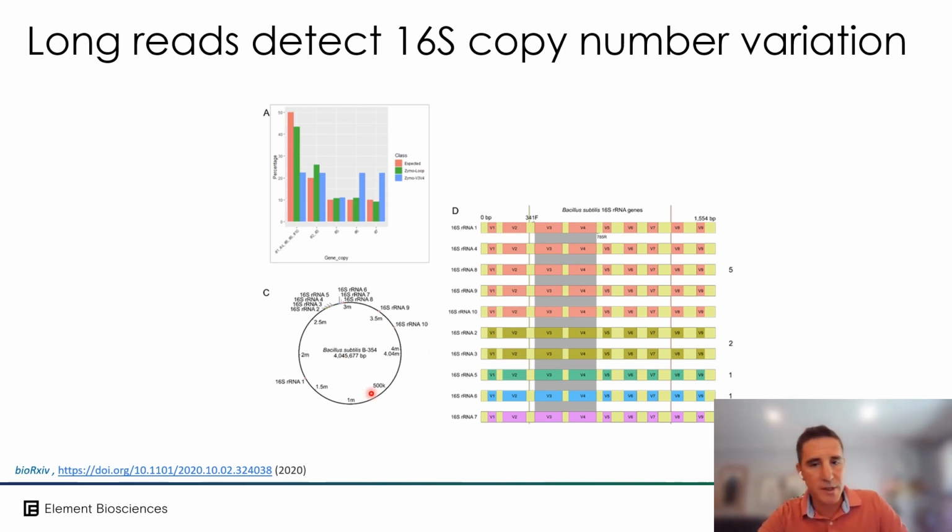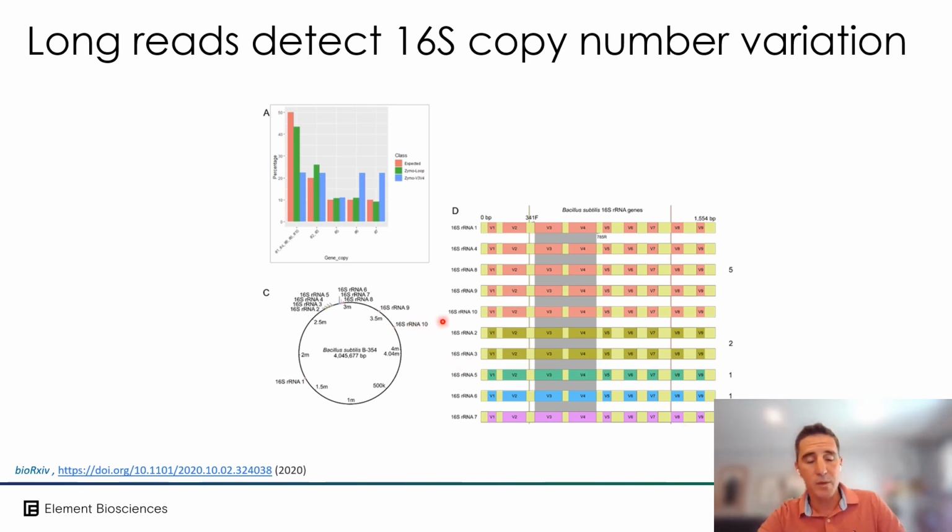So the authors mapped all the different copies. If I'm not mistaken, there were 10 copies in this Bacillus subtilis genome. There were 5 copies that were identical, then 2 copies of a different 16S, and then 3 copies that were unique. So it's 5, 2, 1, 1, 1, altogether 10 copies.